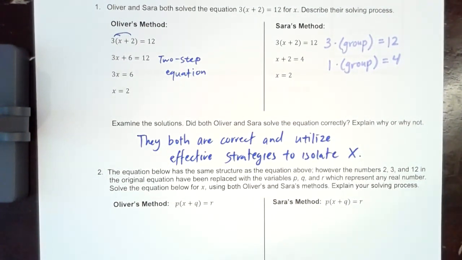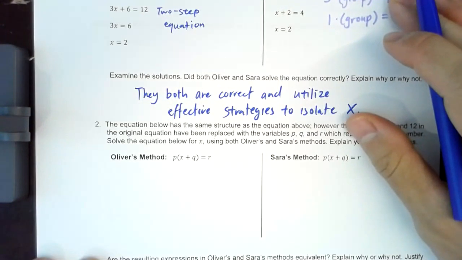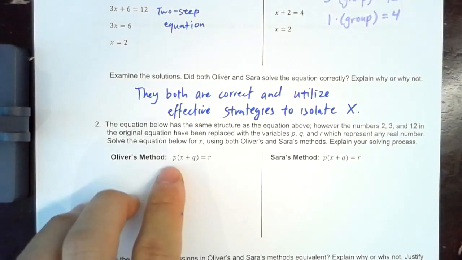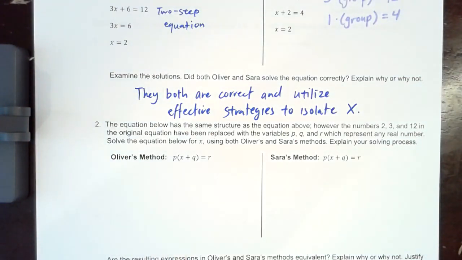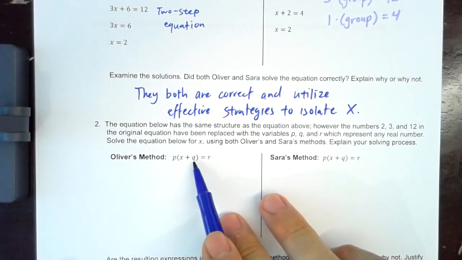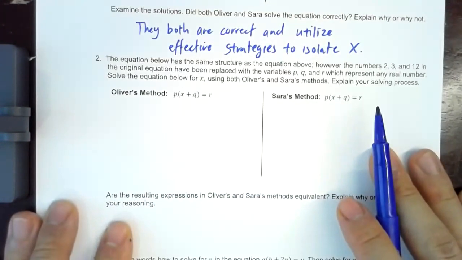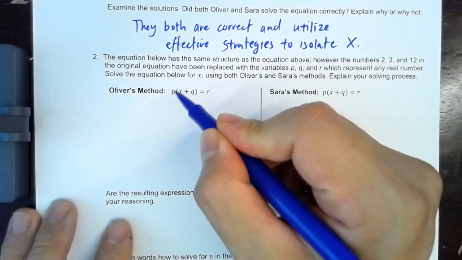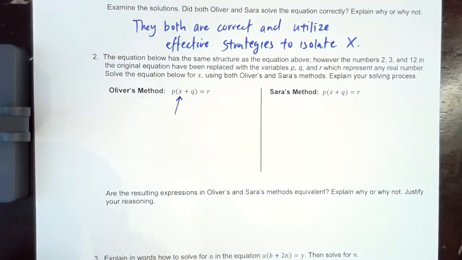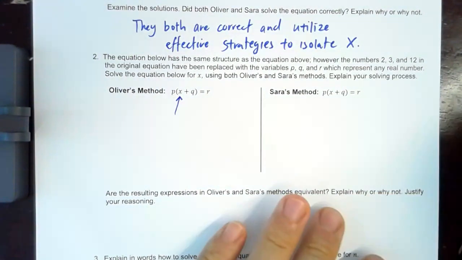If you go into higher level math classes and some science classes, you're going to have multiple variables. So if you see something like p times the group of x plus q is equal to r, and I told you to isolate x, you should still realize that whichever method you want to use to solve is applicable to variables as well.